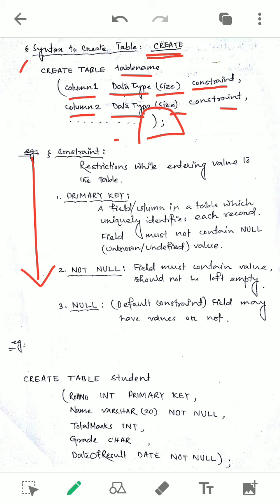In a table we have to recognize each row, because we have different rows in a table. So each row we have to recognize uniquely. For that we need a primary key. So it is a key or field which will always have unique values to uniquely recognize. There will be no duplicate values for that particular column.